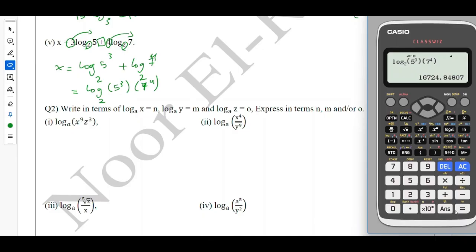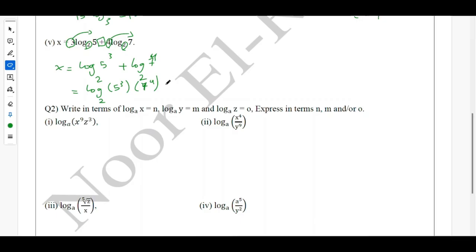To three significant figures, 16,700. Let's move to question number 2.